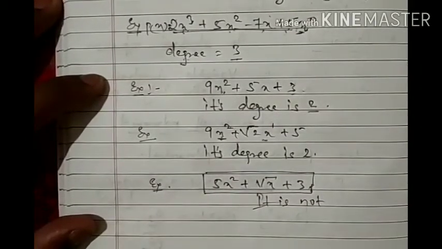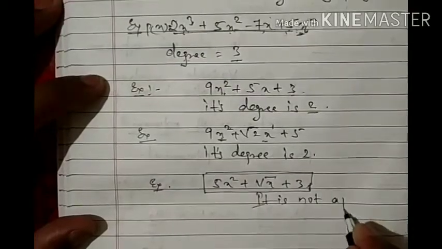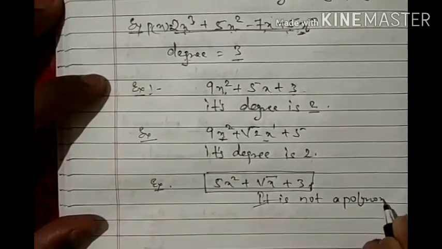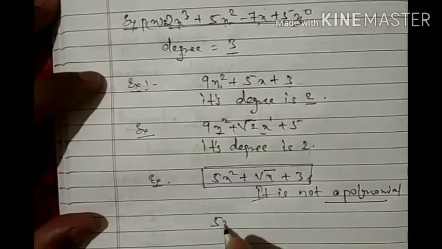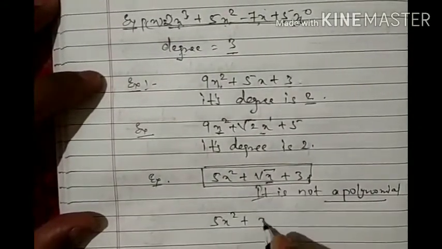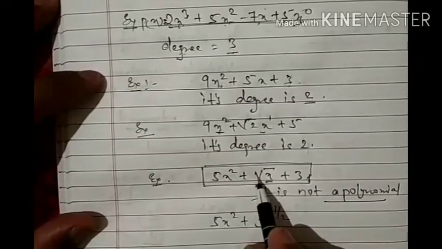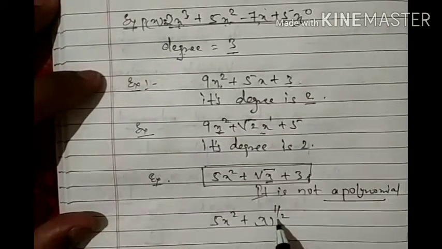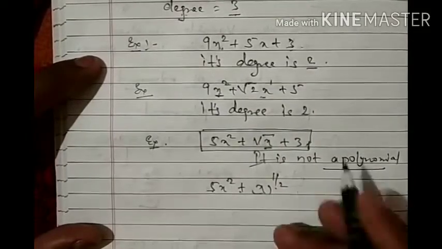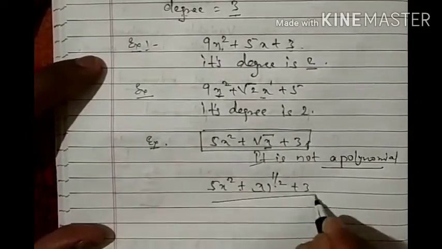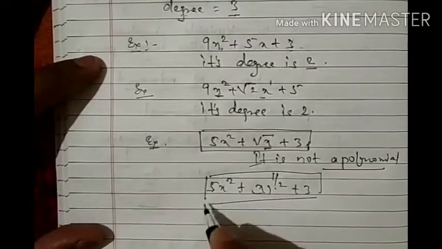We calculate a degree of a polynomial. Why is it not a polynomial? Because when we solve it, root x will be written as x to the power of 1 by 2. Whenever we remove root, we put a power 1 by 2. So 5x square plus x to the power 1 upon 2 plus 3 is not a polynomial.